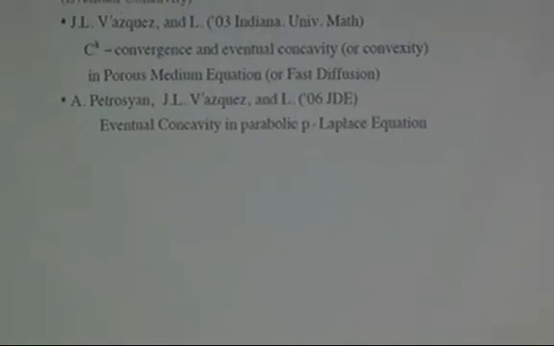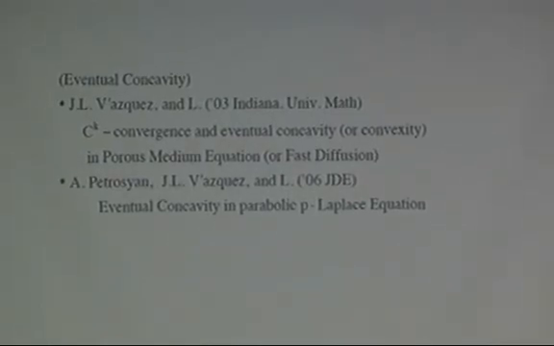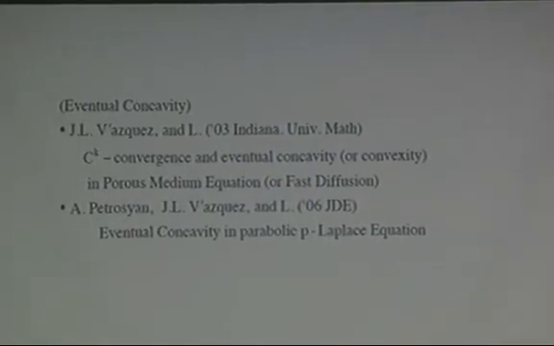And the next story is eventual concavity. Let's say you have any initial data whose L1 norm is bounded and let it go, then it will converge to the self-similar solution. And the self-similar solution has a very special geometry structure. The question is whether my general solution has such a geometry structure in finite time.